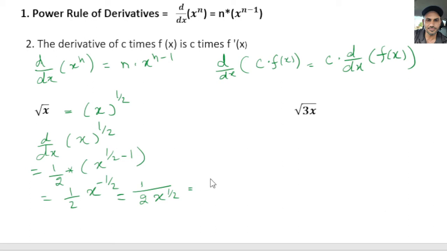You can also write it as 1 over 2 times the square root of x. So these are all correct answers for this particular problem. You just have to know a little bit of manipulation with the exponent laws towards the end, depending on which form of the answer they want from you.